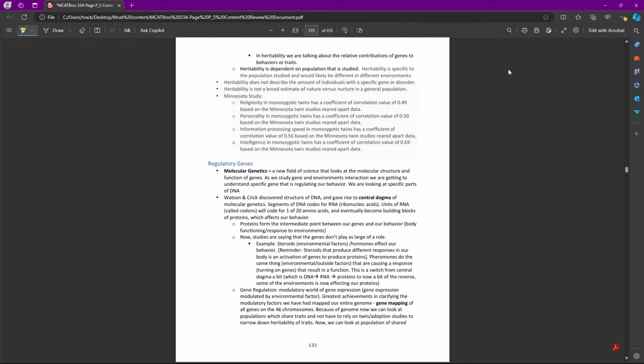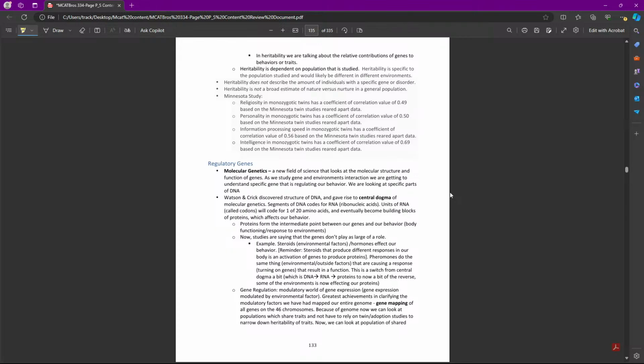So religiosity in monozygotic twins has a correlation coefficient of 0.49 based on the Minnesota twins reared apart data. Personality has a coefficient of 0.5 based on the Minnesota twins. Information processing speed in monozygotes had a coefficient of 0.56. Intelligence in monozygotic twins had a correlation coefficient of 0.56. Okay.